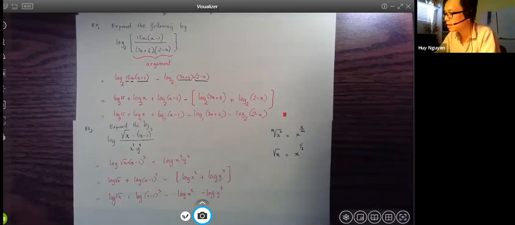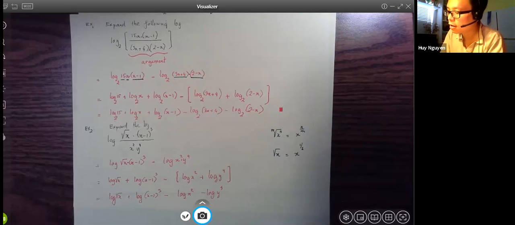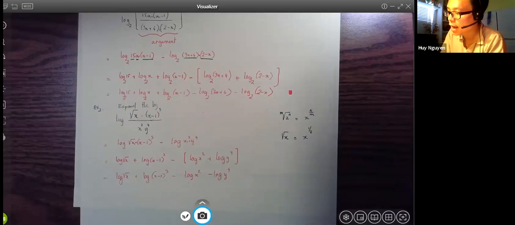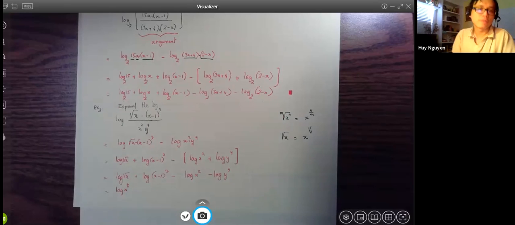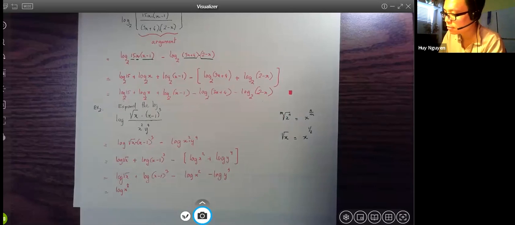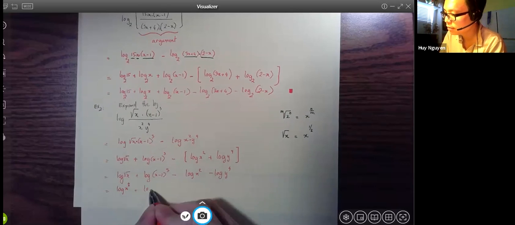So in this case, I can write the log as log base 10 of x raised to the half power. Now this one, I just rewrite it.